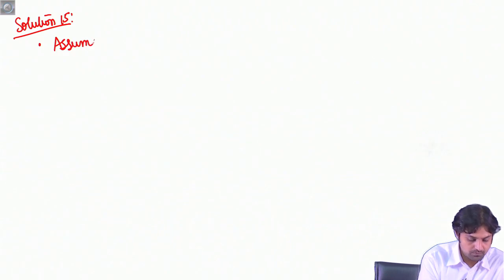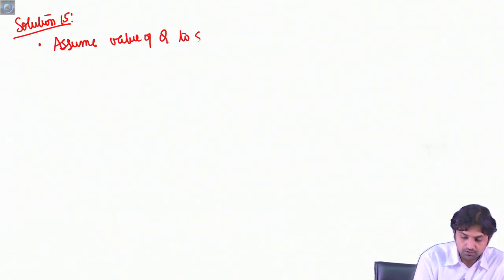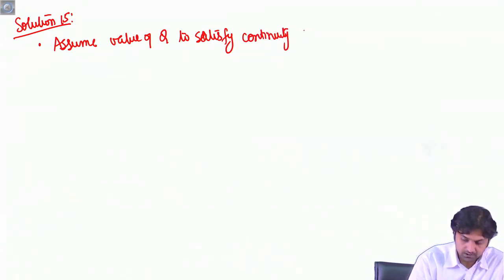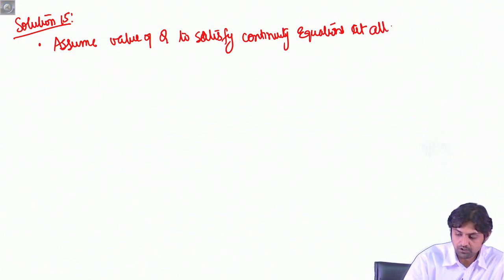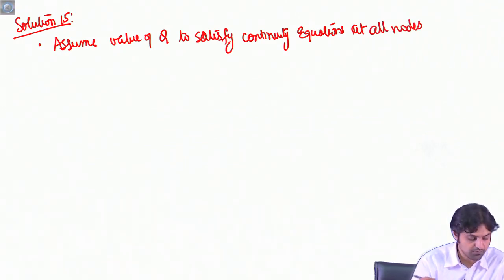Assume value of Q to satisfy continuity equations at all nodes. So, there were 4 nodes, right?